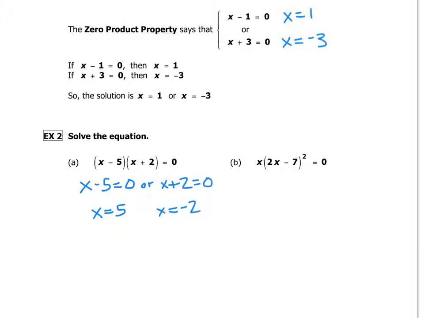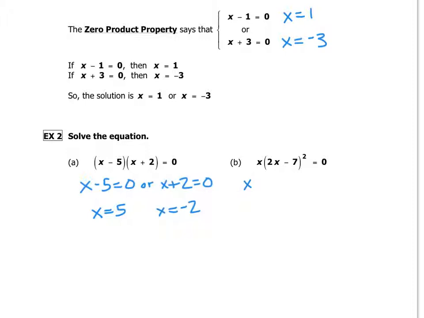Let's take a look at the next one here. In this equation, I've actually got three things multiplied equals 0. I have an x, and then I have this binomial 2 times equals 0. So either this or this has to equal 0. And so I'm going to use that fact to set up equations to solve this.